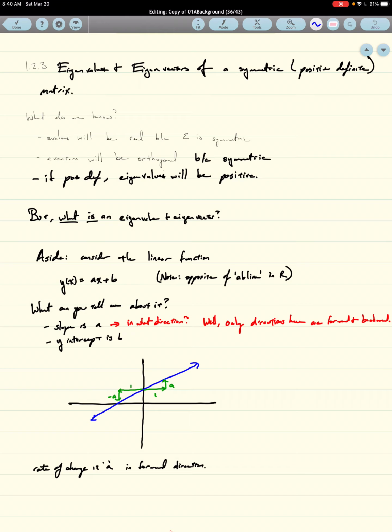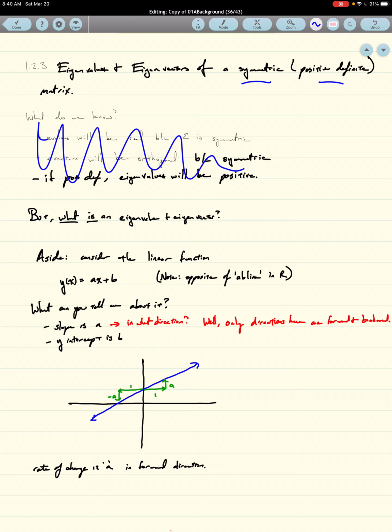Okay, so let's just kind of ignore this right now. What we're going to do is consider the eigenvalues and the eigenvectors of a symmetric and eventually positive definite matrix.